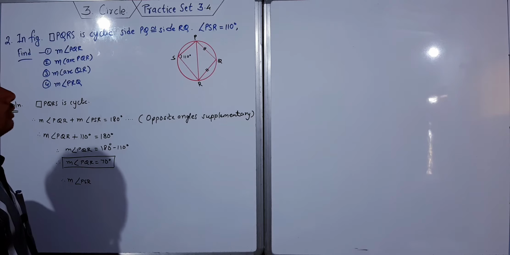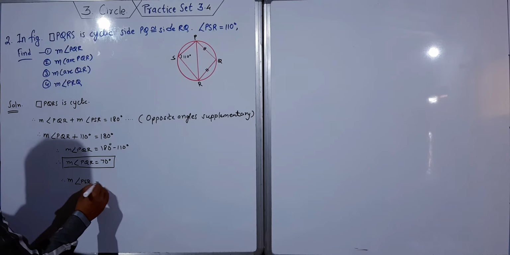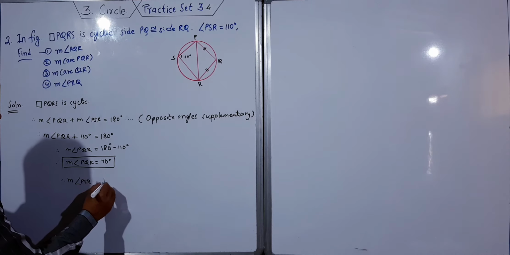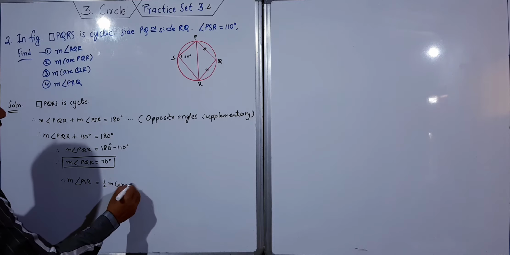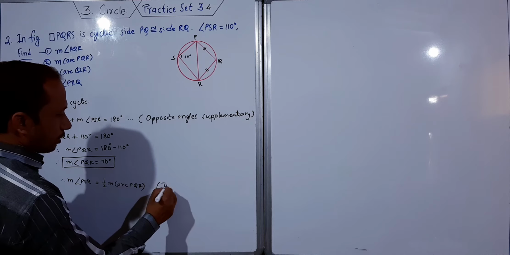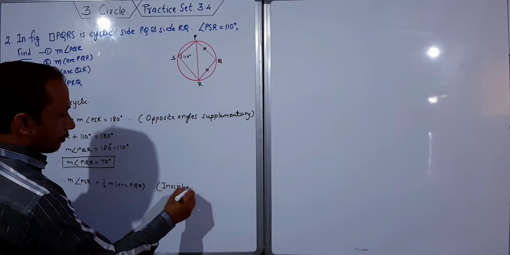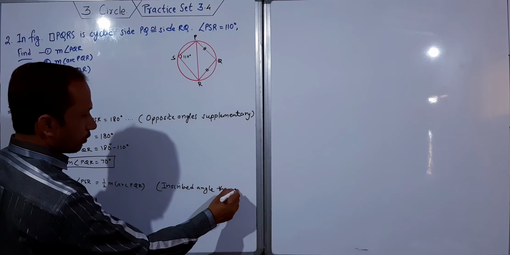Now this PSR is equal to 1/2 measure of arc PQR. This is the inscribed angle theorem, we use it here.